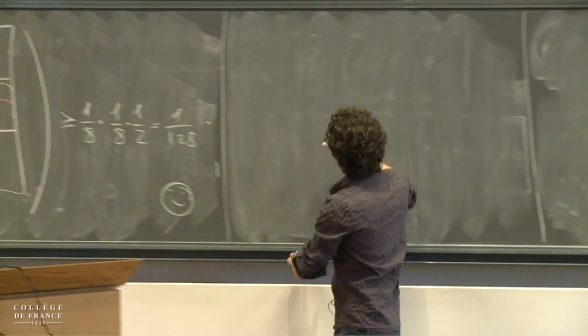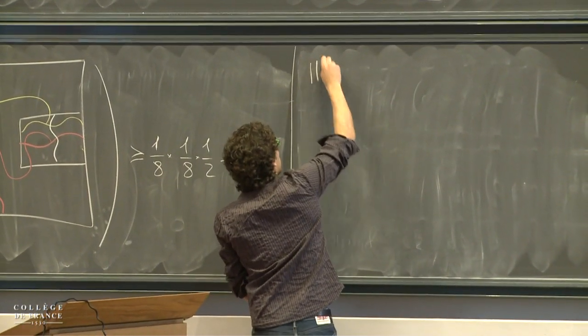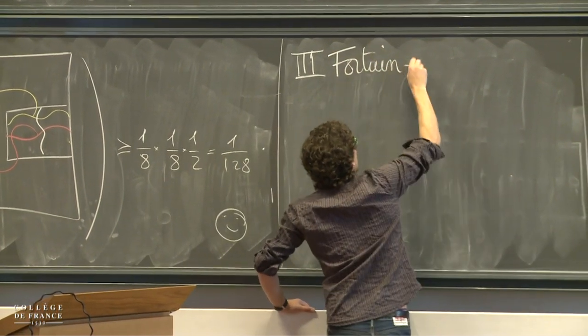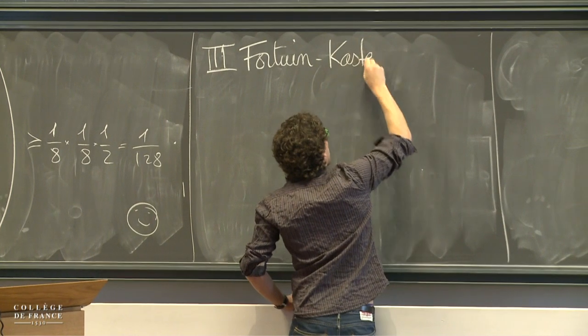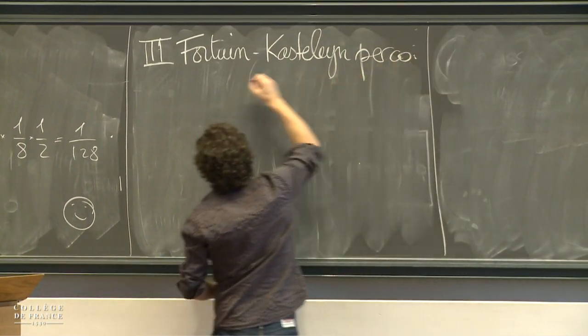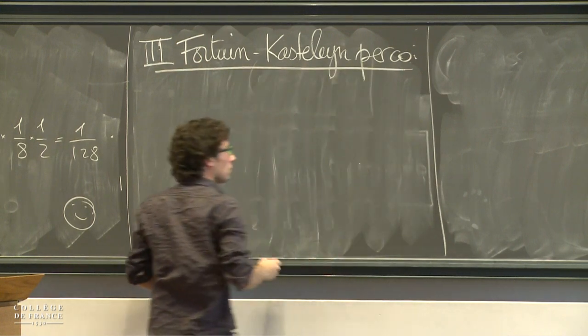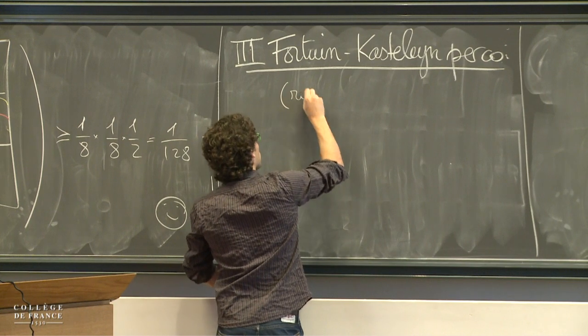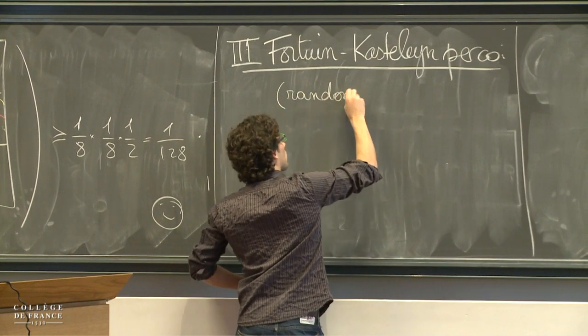So it's what we call the Fortuin-Kasteleyn percolation. So it's also called, and I'm going to always switch between the two because, well, bad habits, this is also called the random cluster model.